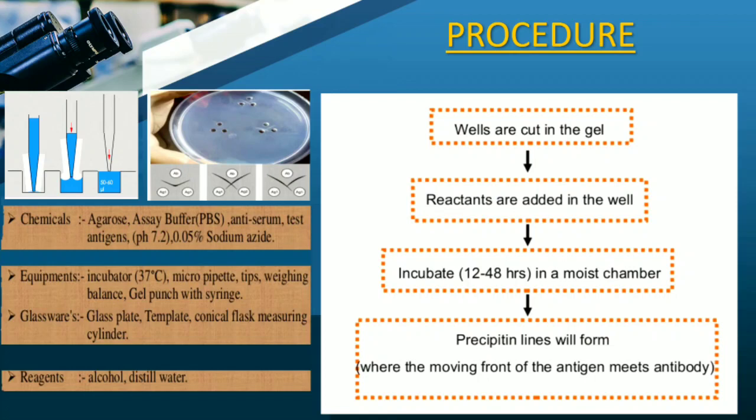Wells are cut in the gel, reactants are added in the wells, and it is incubated for 12 to 48 hours in a moist chamber. Precipitate lines will form.